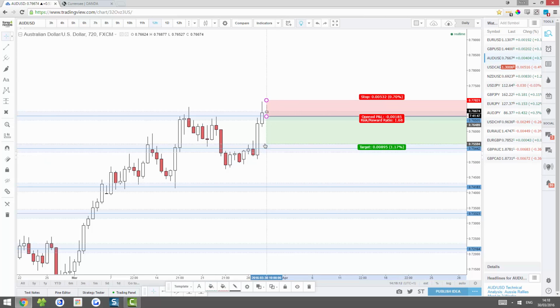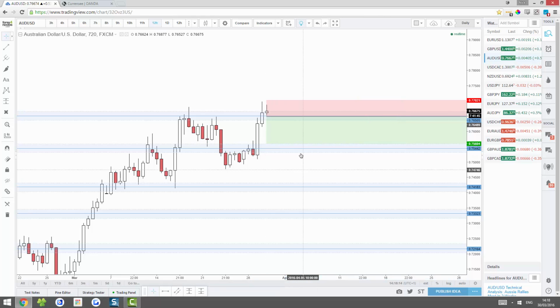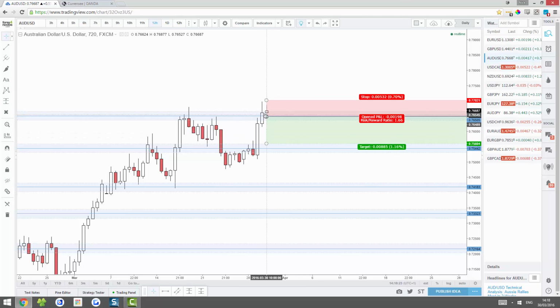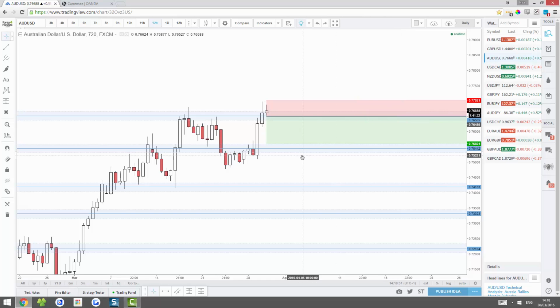So we're looking at a risk to reward ratio. Because our stop loss has to be all the way up here, above one of the most recent highs, our entry is pretty much at the low of this candle that hasn't even closed yet, may not even close like this, but if it does, our entry would have to be roughly here. It's only going to give us a risk to reward ratio of 1.66 by the time it approaches this support area.